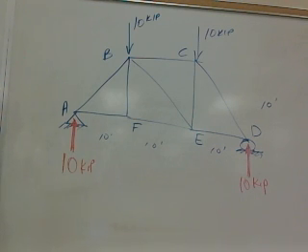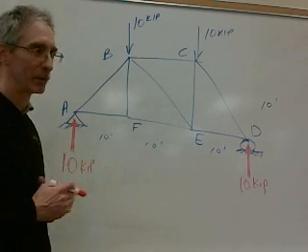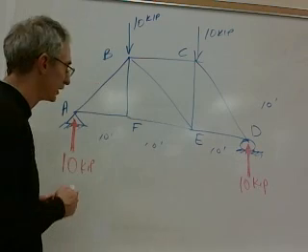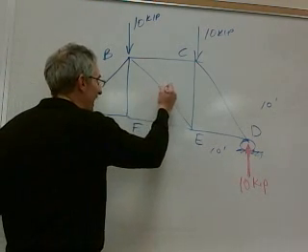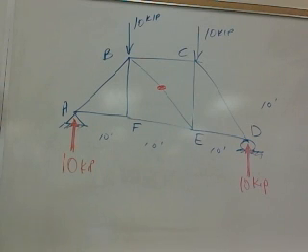But let's say that we were asked to find a member in this truss. We are only interested for some reason in one member. And let's say that member was this member BE. It's sort of right in the middle of the truss, the diagonal that's right in the middle.